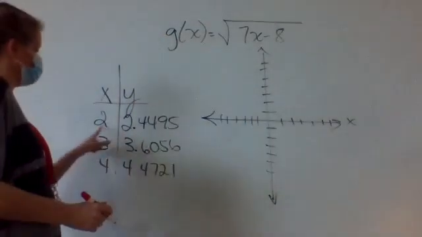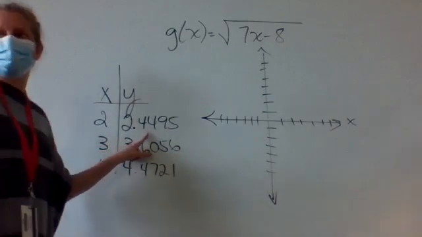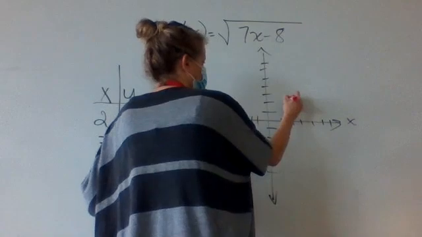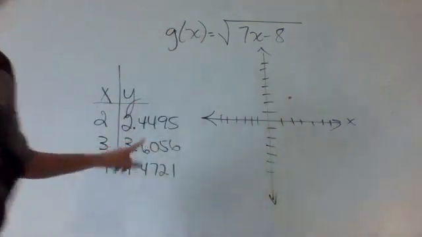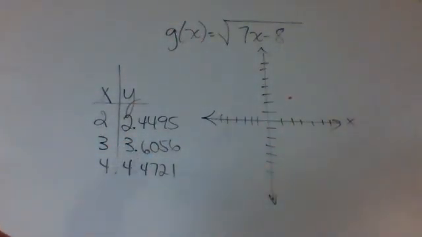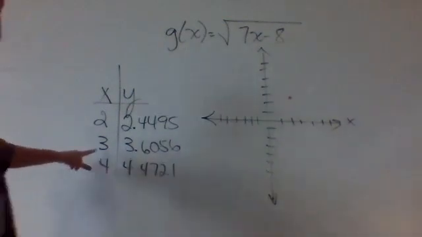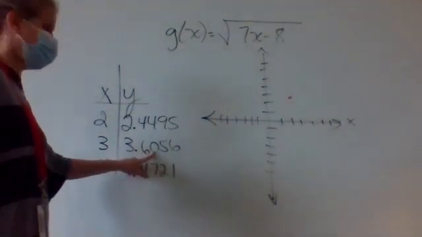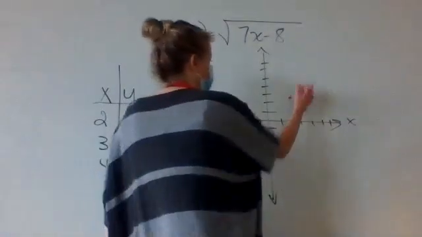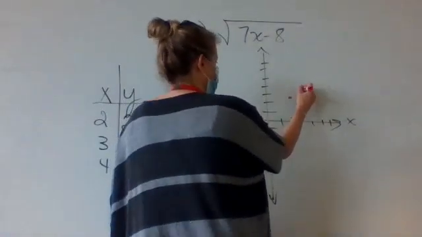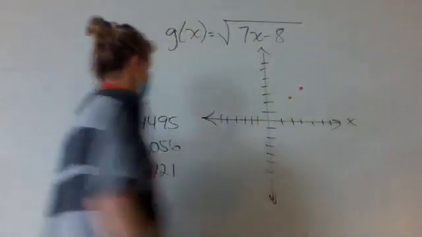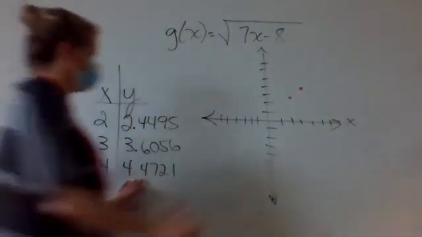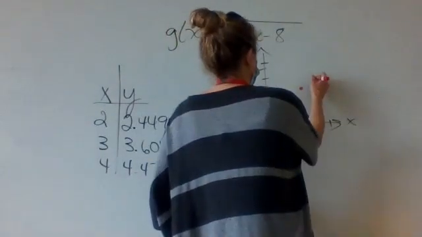Okay, 2 to the right 2 and up about 2.5-ish. So to the right 2, up 2.5. 3, 3.6. So to the right 3, up between 3 and 4. And to the right 4, up about 4.5.